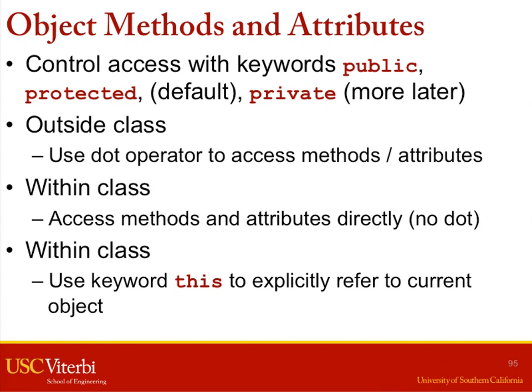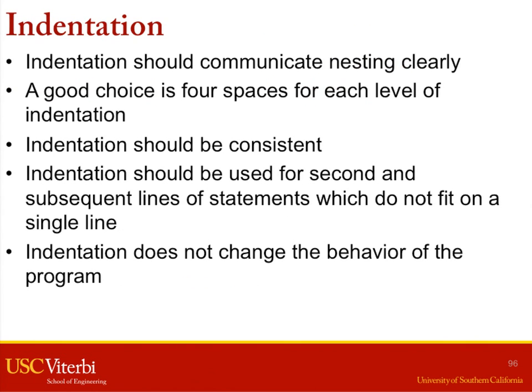I like to use private for my attributes, so you have to use methods to access them. If you make it public, other people can reference it with the dot. Within a class, you can access the methods and attributes directly with no dot, and within a class, you can also use the this word to refer to something in the current object. So basically, this means current object.